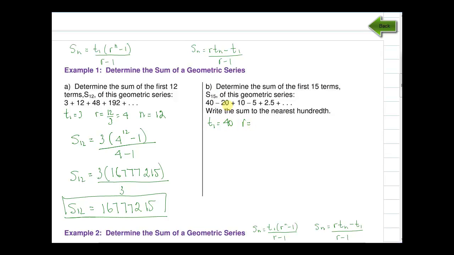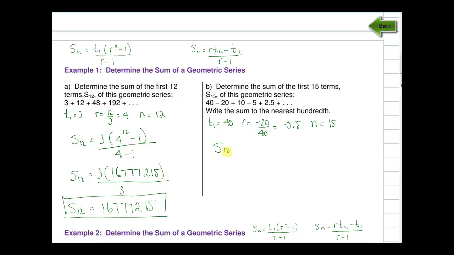We know that R is T2 divided by T1, so negative 20 over 40, which is negative 0.5. And because we want the sum of the first 15 terms, we know that n is equal to 15. So once again, we're going to use our first formula because we know what T1 is, we know what R is, and we know what n is.